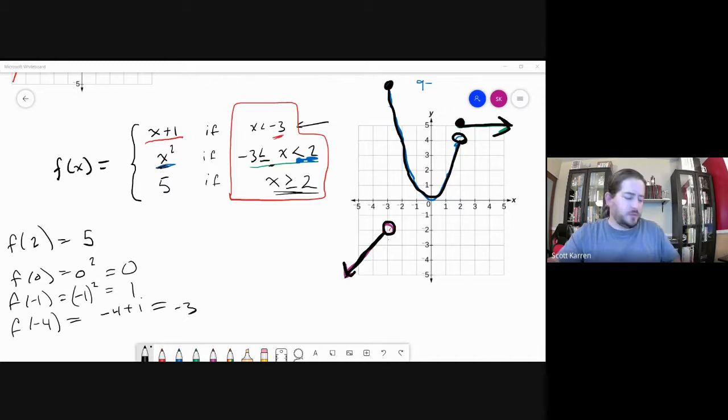Let me do this one. This one's not terrible. Well, I mean, it's kind of bad, which is why I'm doing it, but it's not terrible.